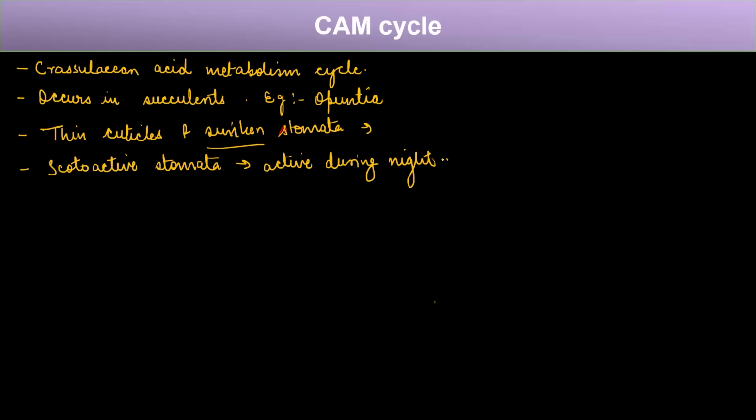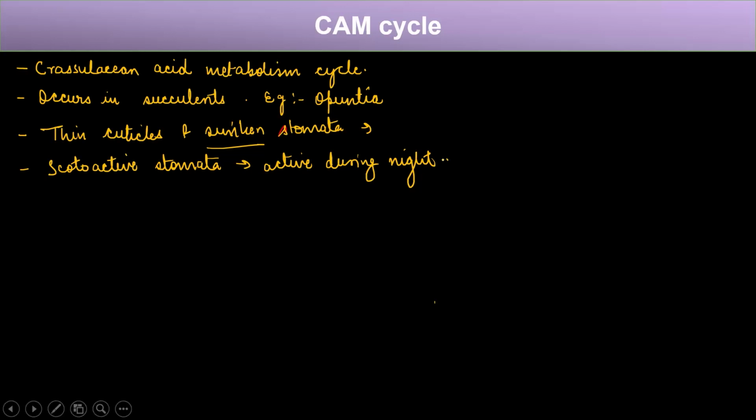So this is about the plant in which the CAM cycle takes place. Now, where does this cycle take place? We saw that in the case of a C3 plant, the cycle takes place in only one type of cell, that is the mesophyll cell, while in the case of a C4 plant, it takes place in two types of cells.